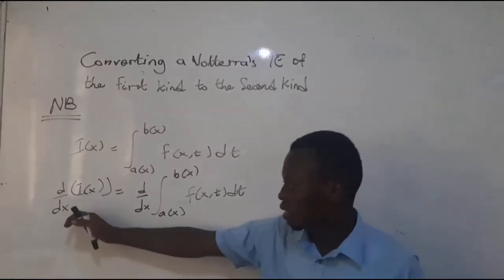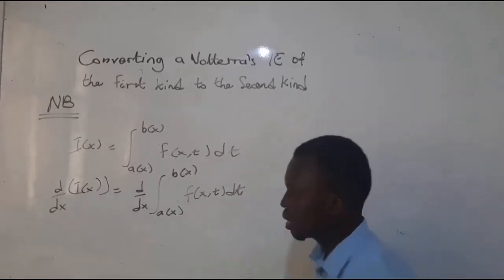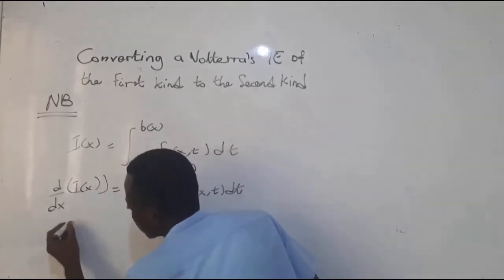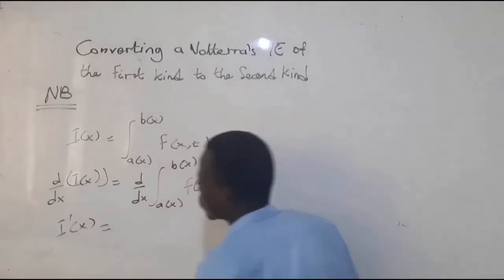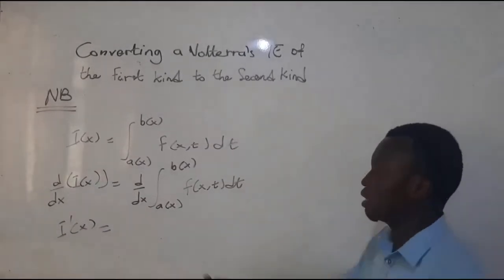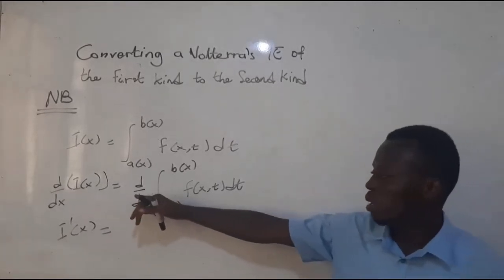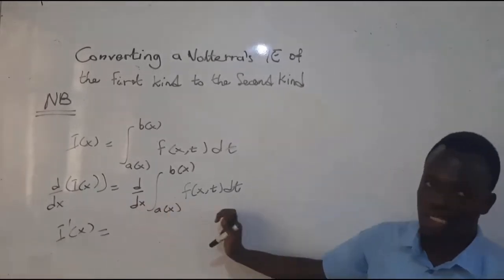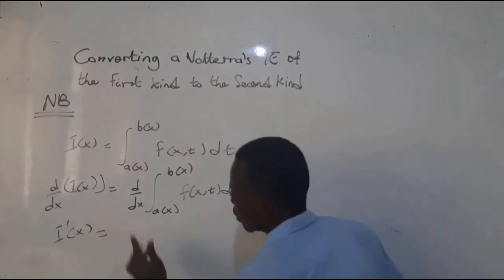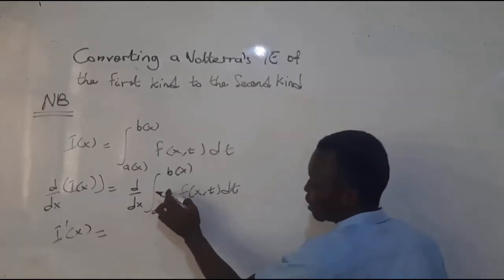Passing it through a differential operator, this becomes I prime of s. So I'm going to apply differentiation under the integral sign. This derivative moves inside the integral sign.